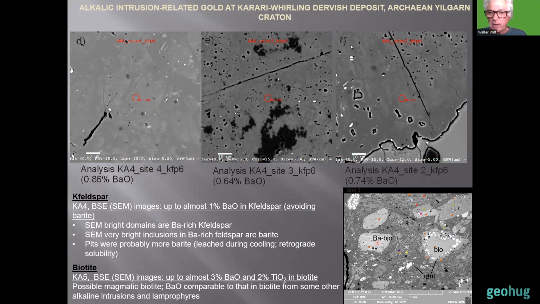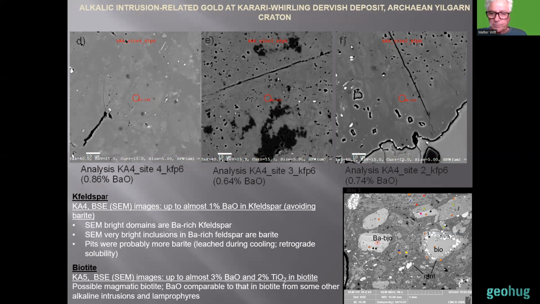Scanning electron microscopy has also identified a barium-rich biotite in one sample only, Ka5, and there it is quite rare. For the most part, the biotite has re-equilibrated with hydrothermal biotite, which has a low barium content.